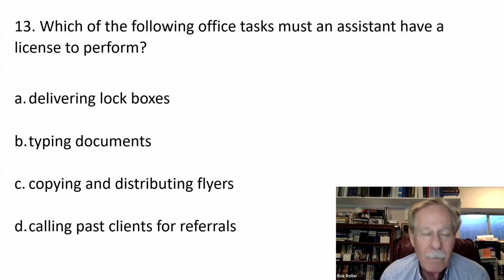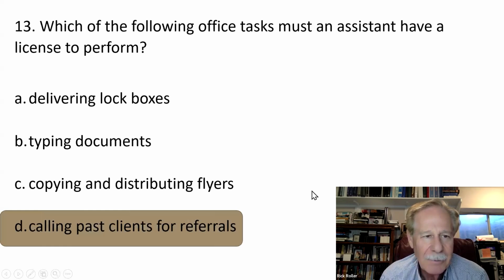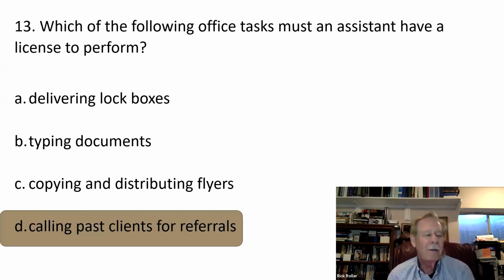Well, probably the lockboxes and typing things, that sounds good to you. Copying and distributing flyers, well, guys, that's okay too. That's more of a clerical type thing. But D, calling past clients for referrals, you need a license to do that.